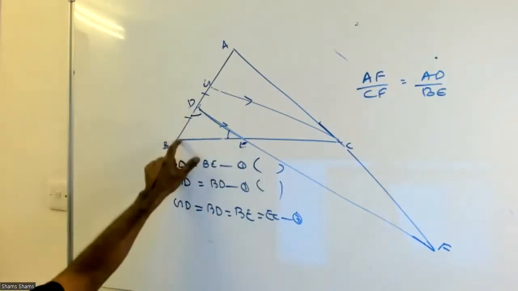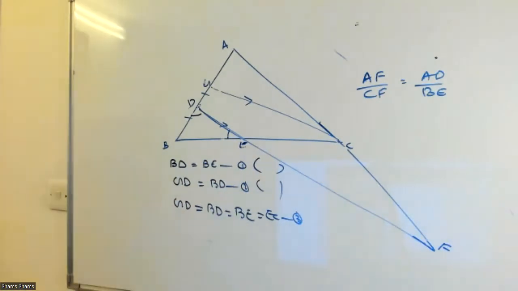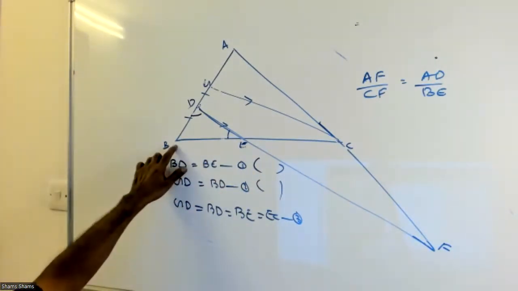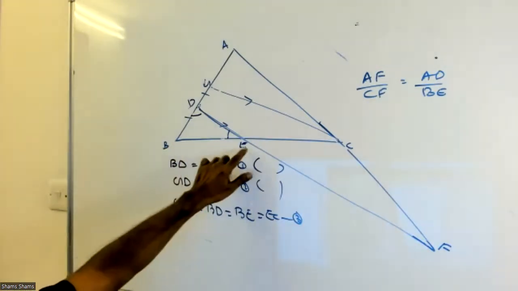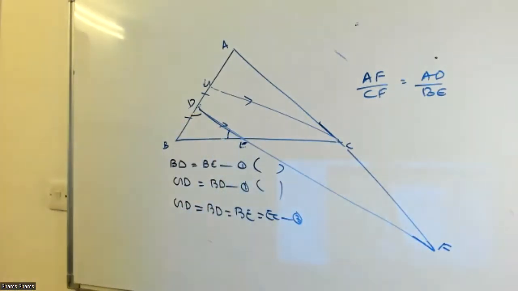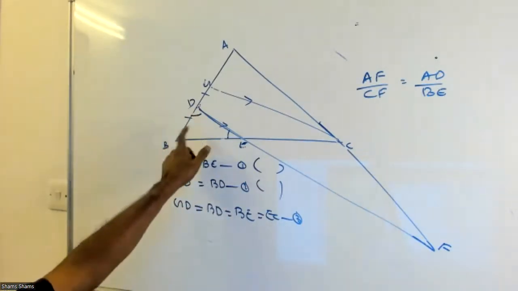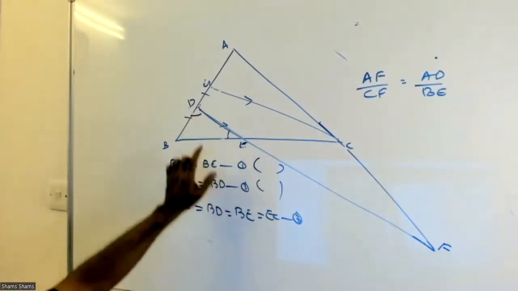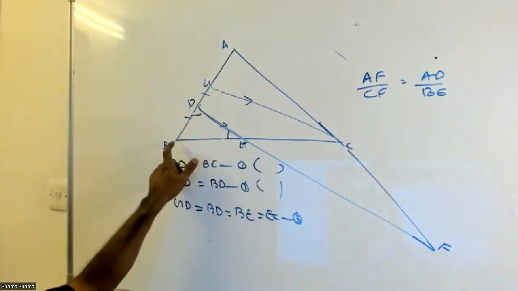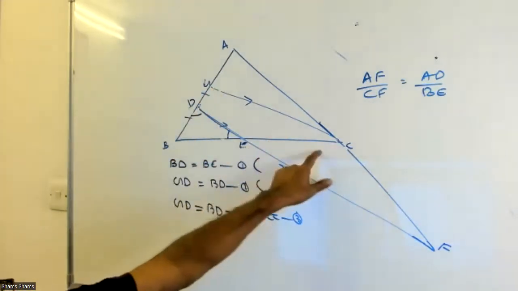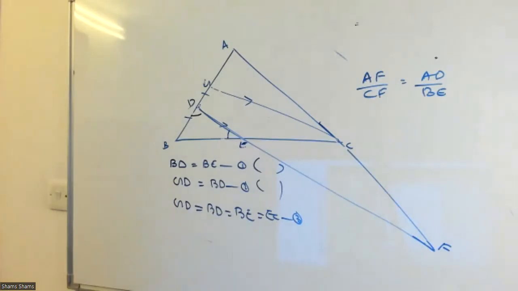Therefore, BD equals BE, sides opposite to equal angles are equal. Then in triangle BGC, E is the midpoint, ED parallel to CG. So D is the midpoint of BG. So we got DG equals BD. From 1 and 2 we got DG equals BD equals BE equals EC. I simply wrote EC also, correct because it's a midpoint.